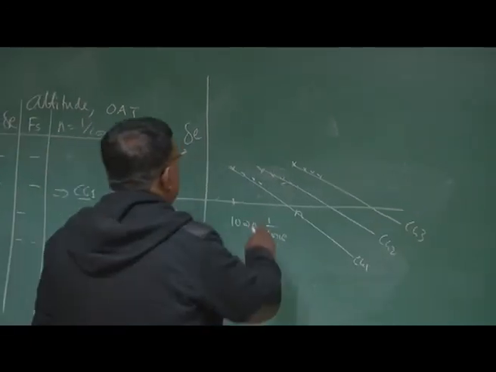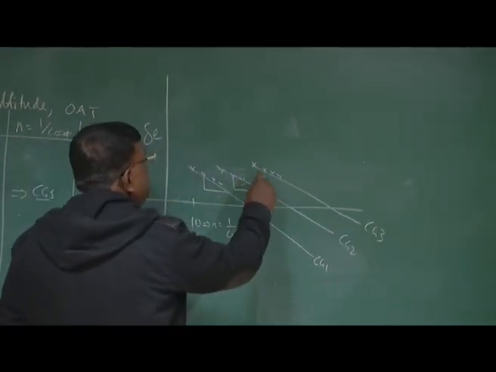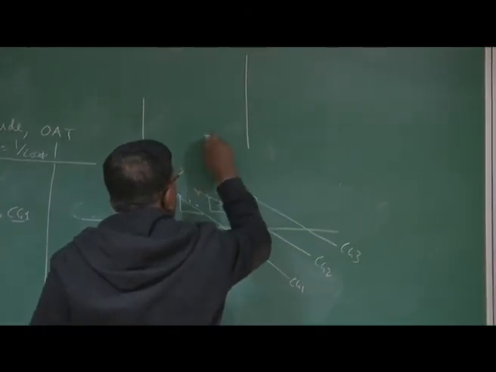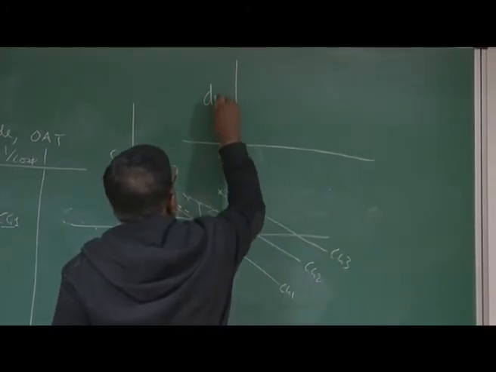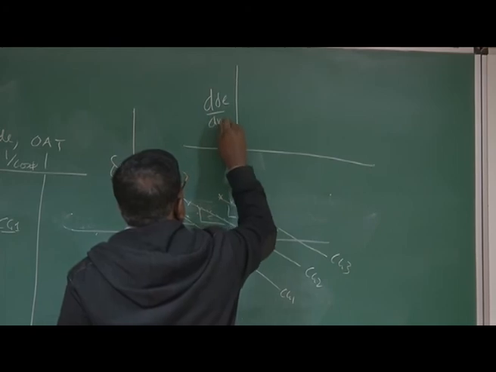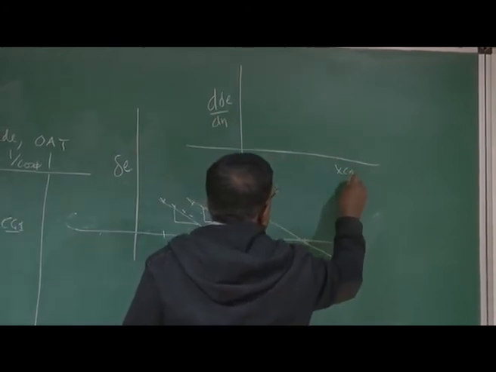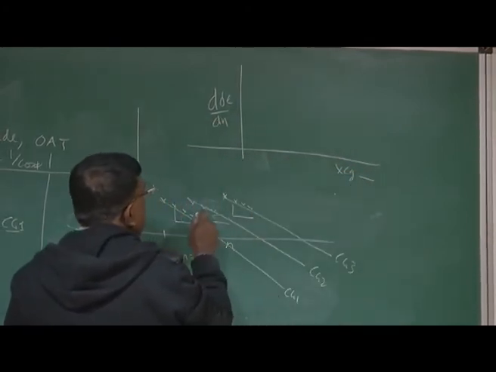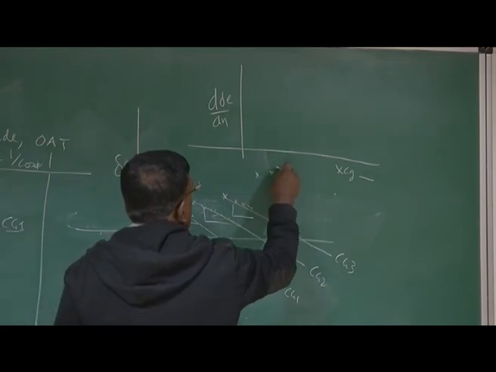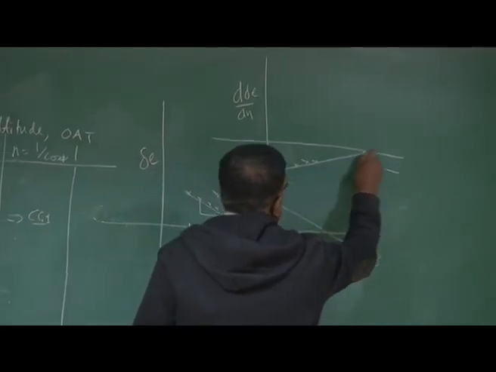Then I again take the slope, and then I write d delta E by dn versus xCG. So this slope I put here, another slope, so I join them.